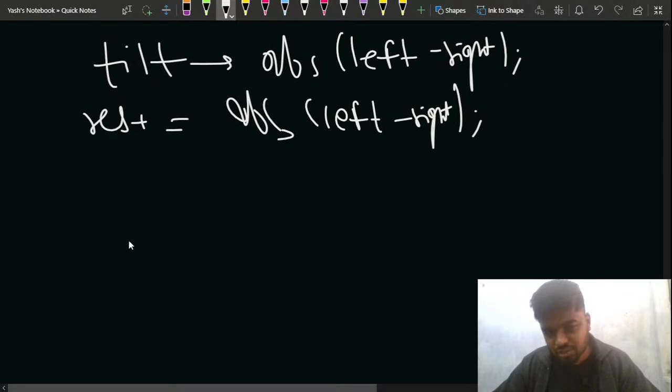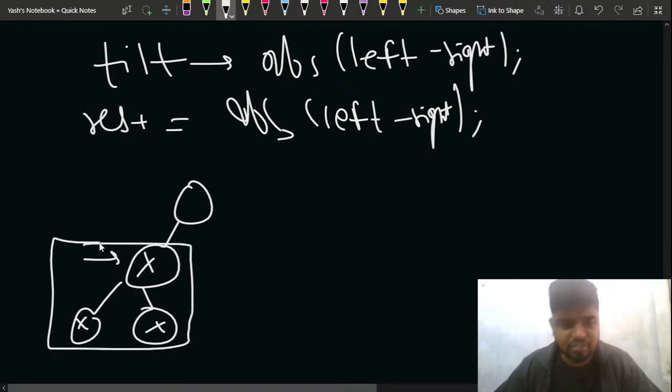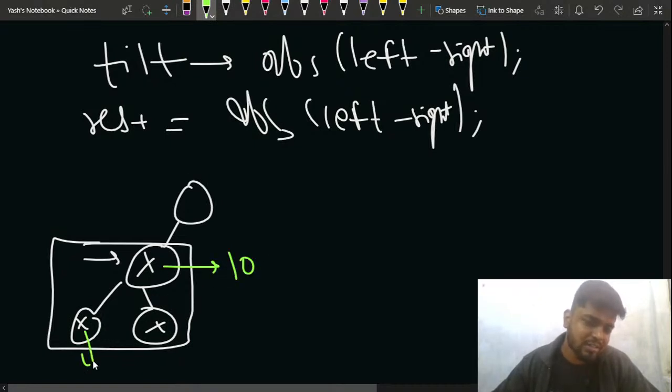After that, since I have to return for this particular current node, let's say the tree has a lot of nodes, so this tilt is calculated for this particular node, this particular node, this particular node separately. For this node, let's suppose the current value is 10, then its left child is 20, and the right child is 30. That means the total is 60.